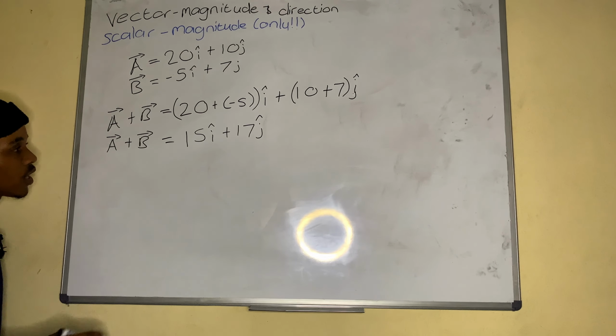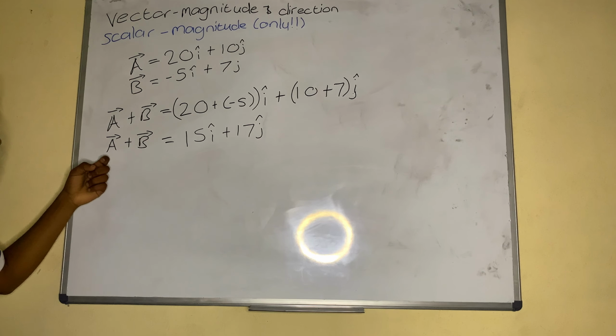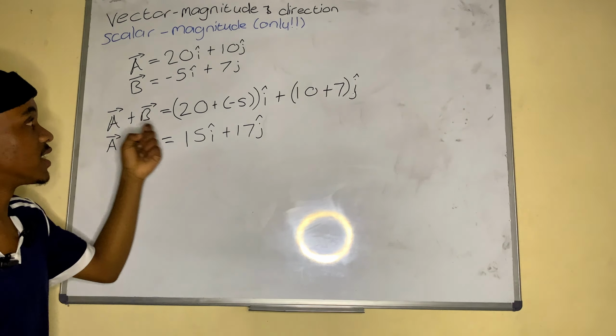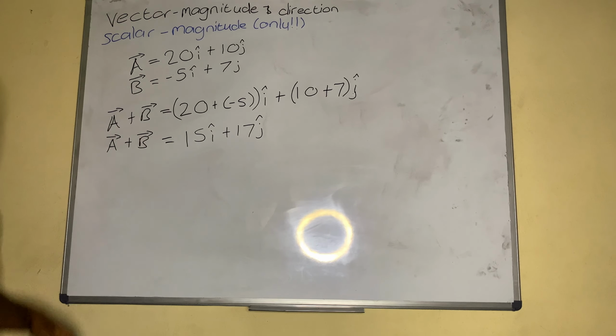And so A plus B, which is the resultant of vector A and B, is a new vector which lies in a direction and has a magnitude that is different from both vector A and vector B.